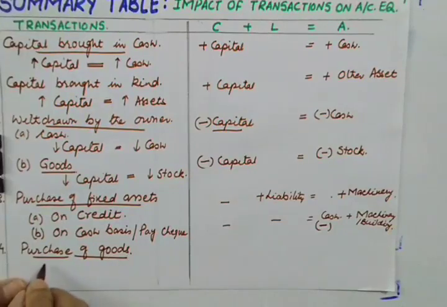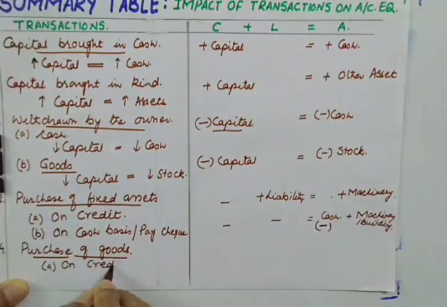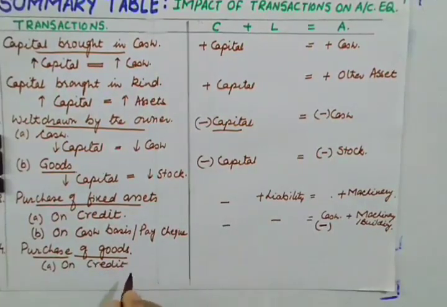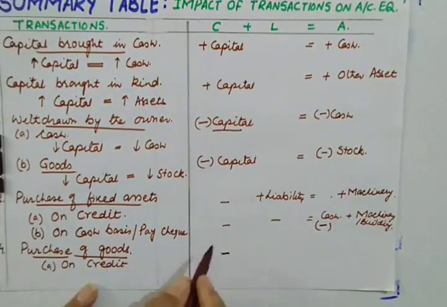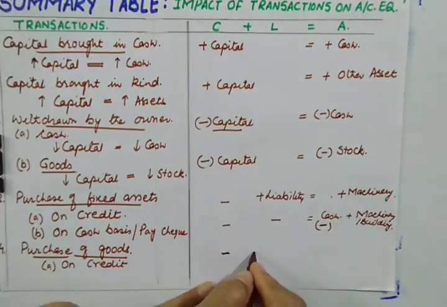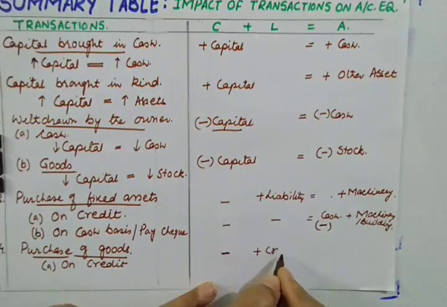Now there can be two options. These goods can be purchased on credit. So what will happen if these goods are purchased on credit? No change in capital, because this is not going to affect the capital, but your liability in the form of creditors will increase.